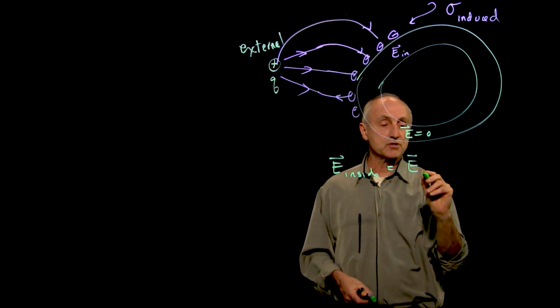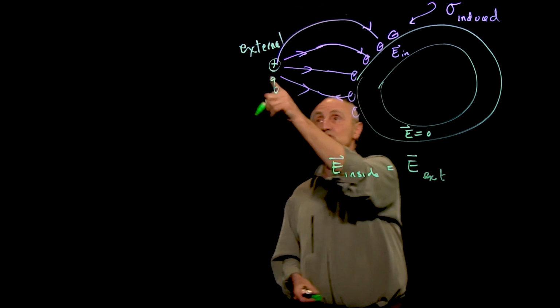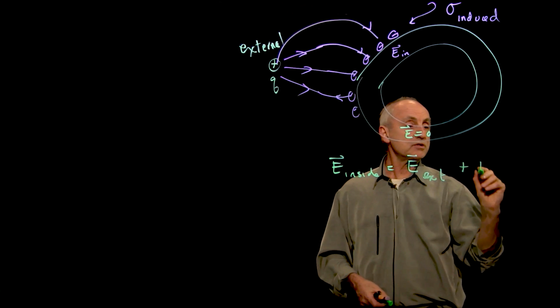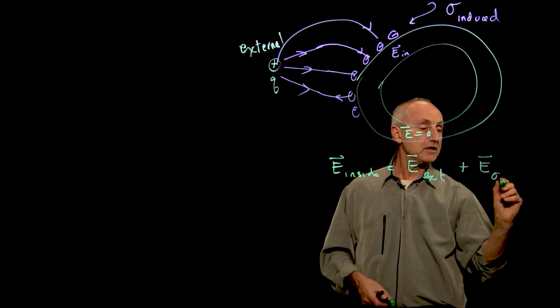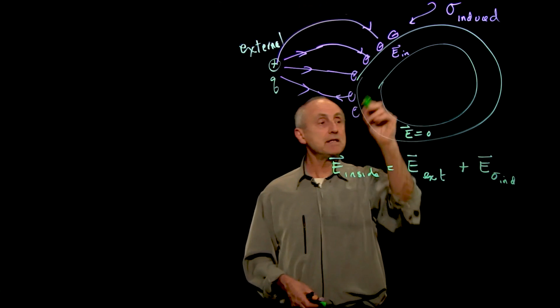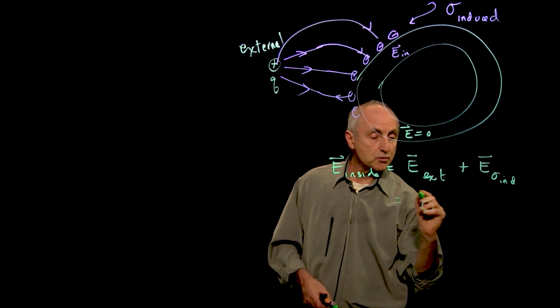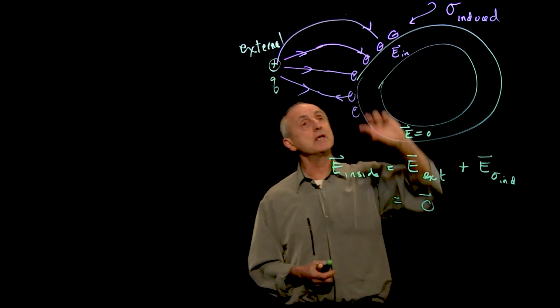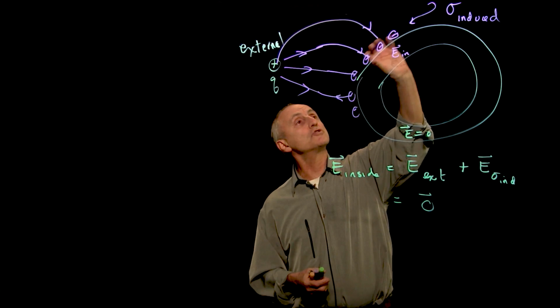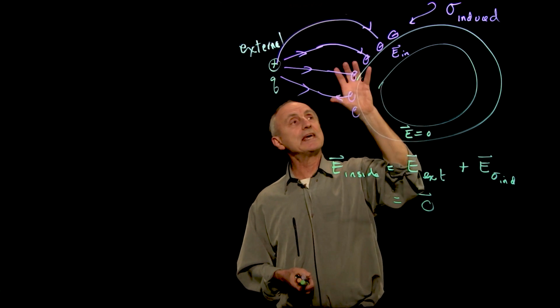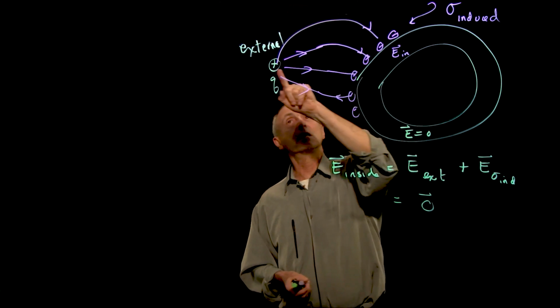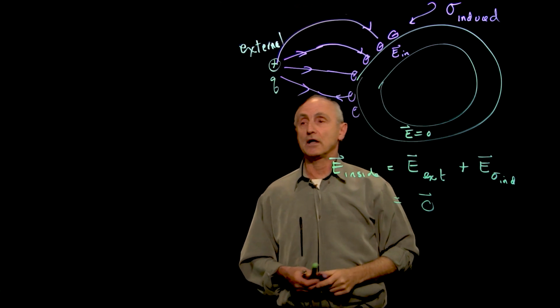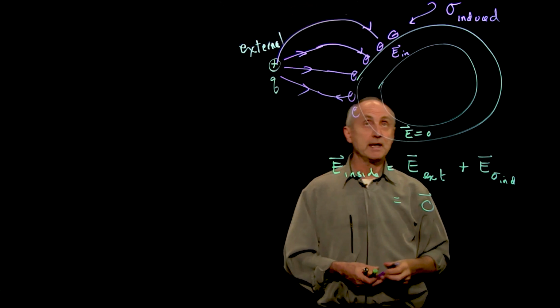So it's equal to the external field, which is just the field of a point charge, plus the field of the induced charges. And inside the metal, these two fields have to add up to 0. And so this induced charge distribution is producing exactly the type of field to cancel the plus field on the interior of the conductor.